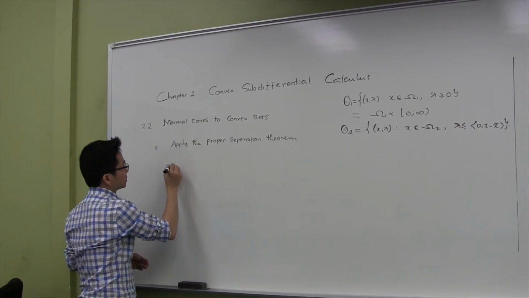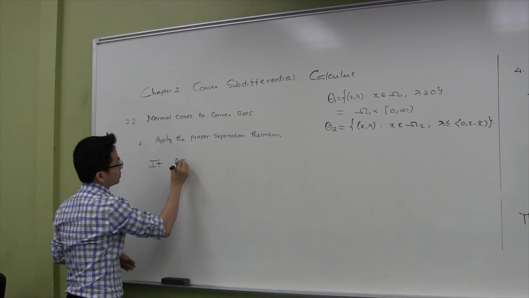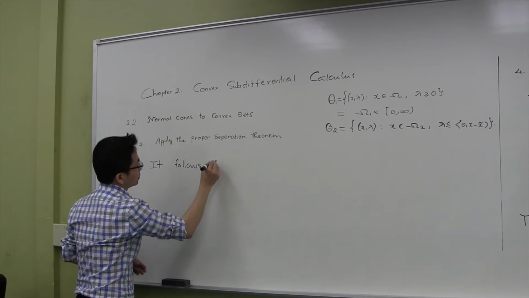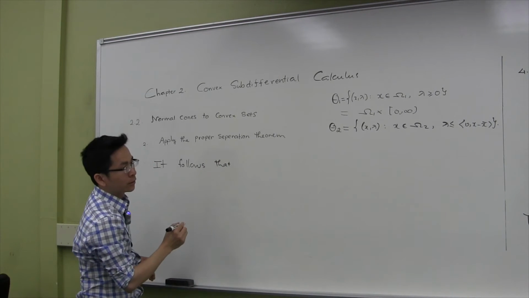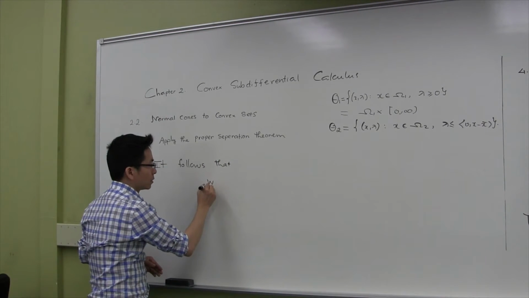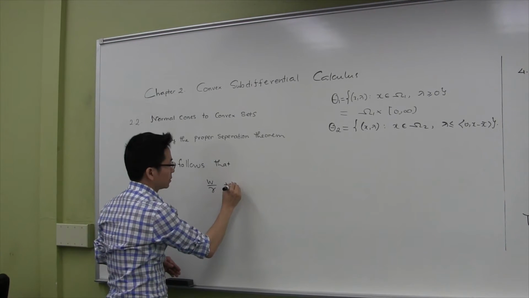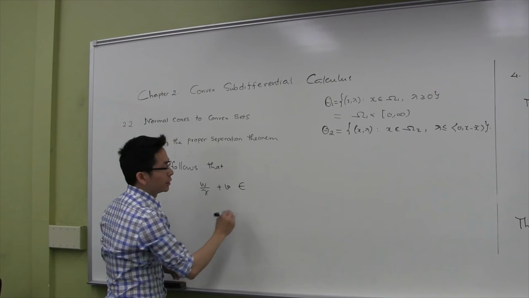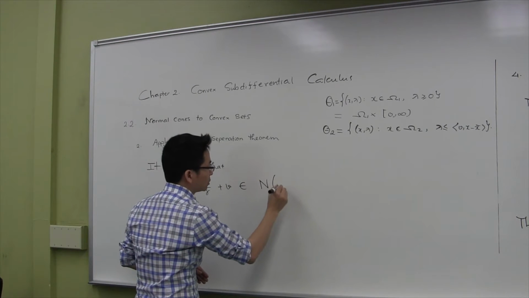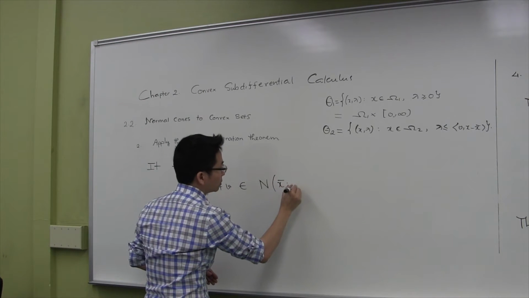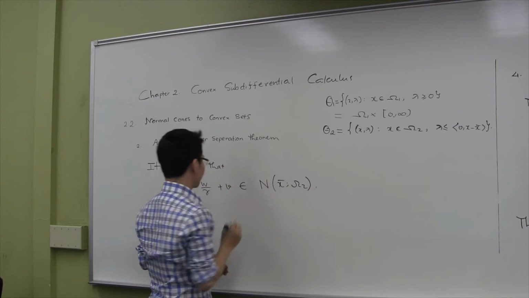It follows that w over gamma plus v belongs to the normal cone to the set omega 2 at x bar. Okay.